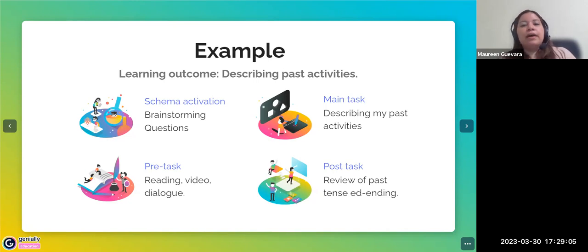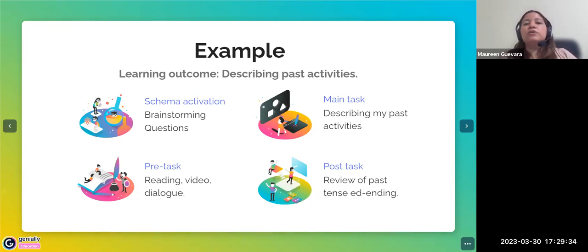Then for my main task, describing past activities. If it is oral, I really like my students to participate and to talk. So probably I will ask them to think about their last vacation, last December, last summer, and they are going to just make drawings of what they remember.